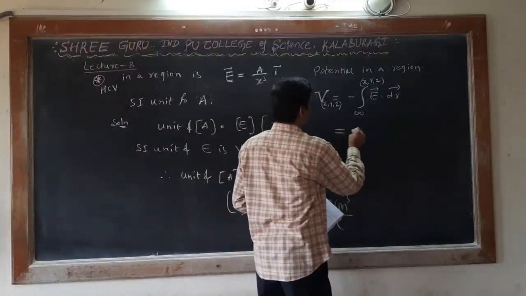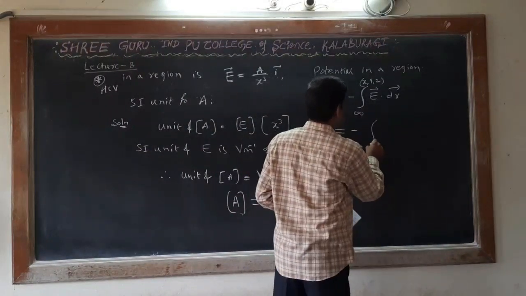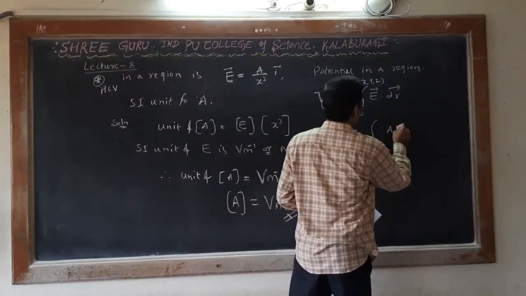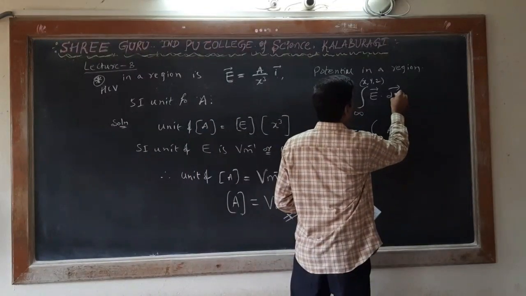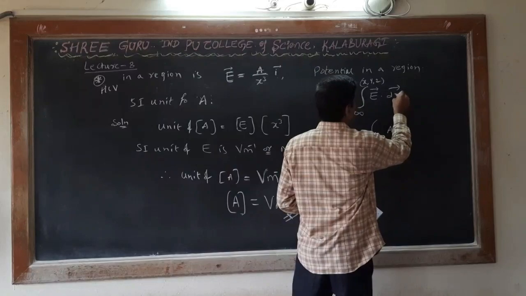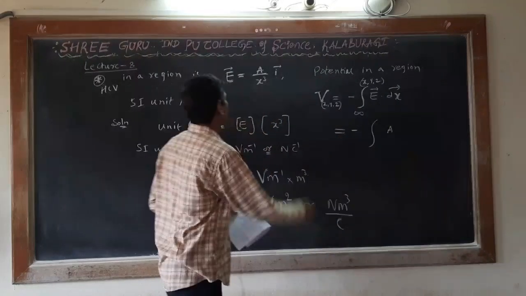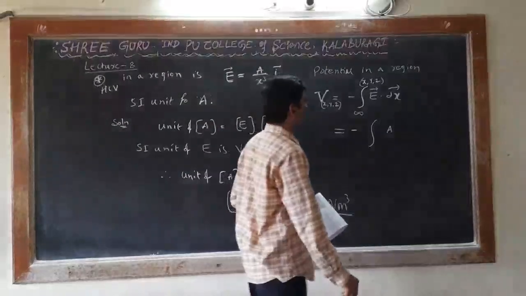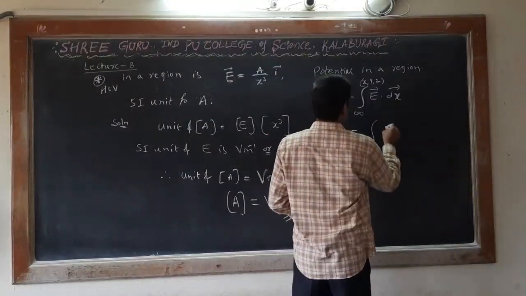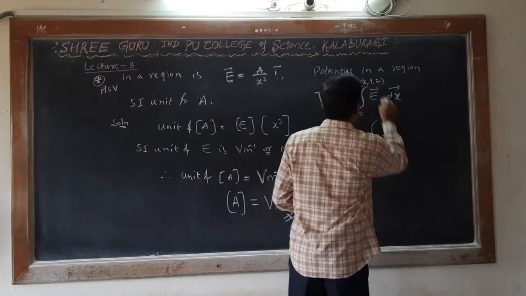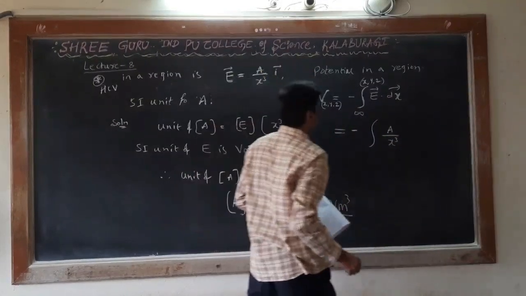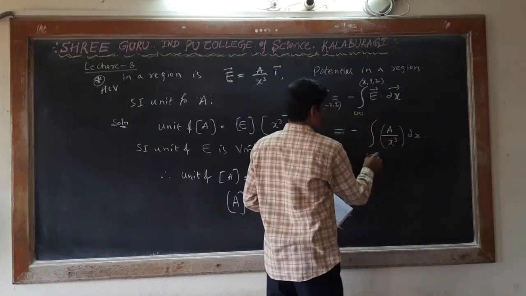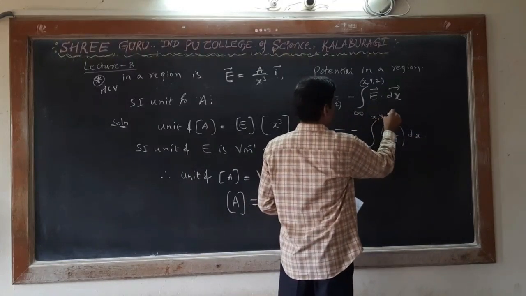Substitute E equal to A divided by x cube, and instead of dr write dx, because it is only along the x axis, from infinity to x.